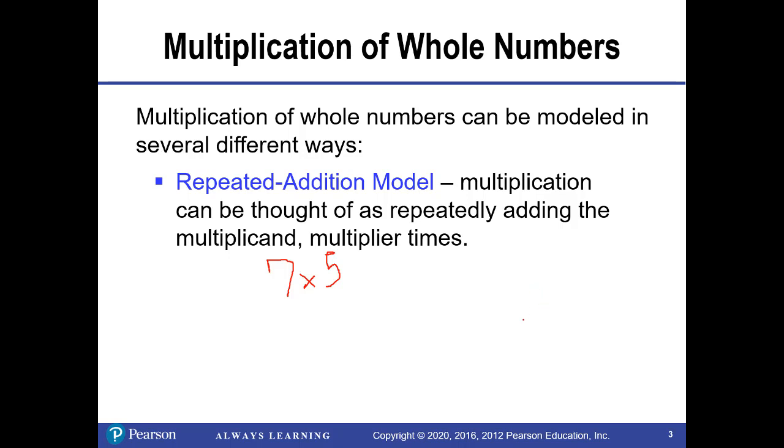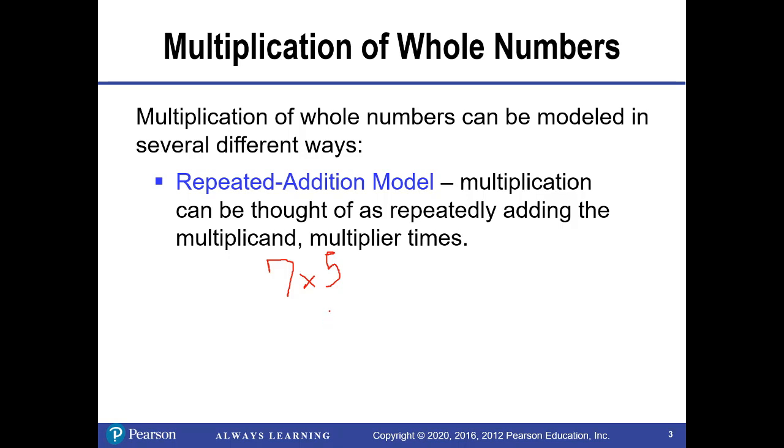And the reason is, at one point in elementary school, those terms were specifically taught, and they might still be in places. But no one can agree on which is which. And I know this because I searched for it a couple of years ago when I first started teaching this course. There are some sites that would say the 7 is the multiplicand, and there are some sites that would say the 5 is the multiplicand. Don't worry about it.